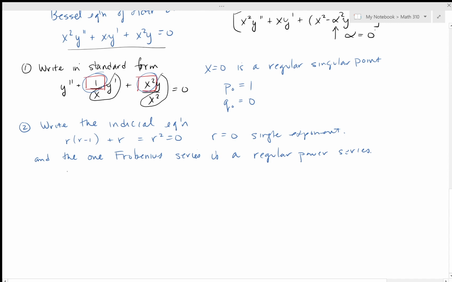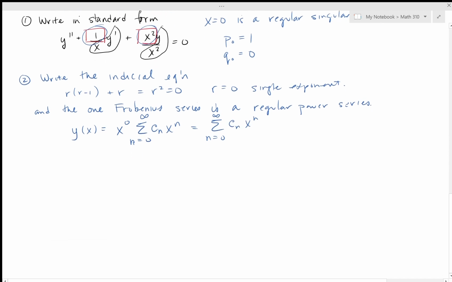Okay, so I have now a proposed series solution to my differential equation that looks like this: x to the r, but r is 0, so that becomes x to the 0. I'm doing this so we can clearly see I'm using the same method as before. Of course, x to the 0 is 1, so that simply goes away. So that looks like this: sum from n equals 0 to infinity of Cn x to the n, a regular power series.